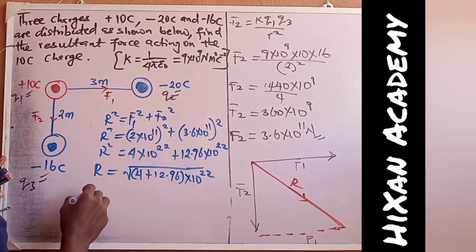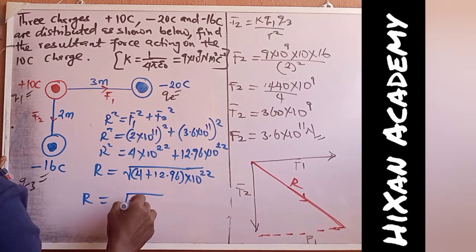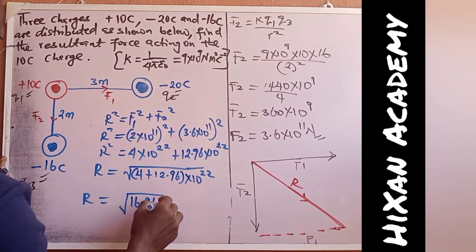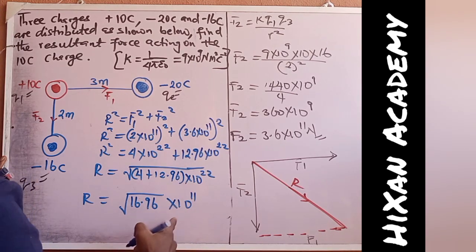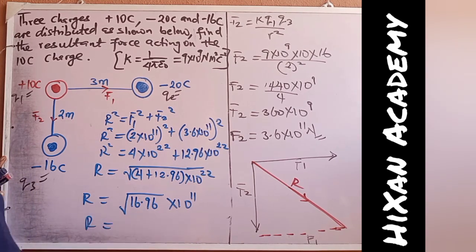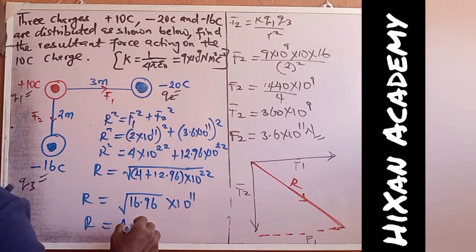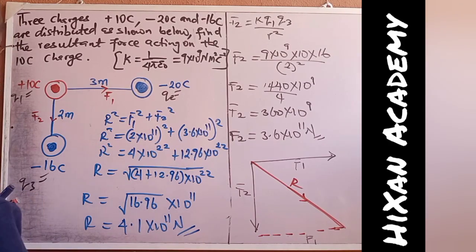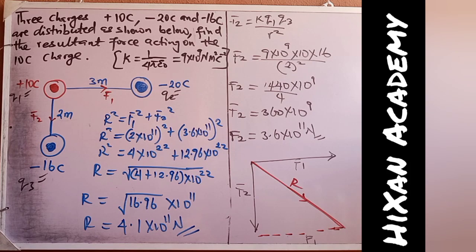So R will be square root of 4 plus 12.96, of course that will give us 16.96, then multiply by 10 raised to the power 11. When you take square root of this, it gives you 10 raised to the power 11. So R alone will give us 4.1. So the resultant is 4.1 multiplied by 10 raised to the power 11 Newton. So this is the resultant force acting on this charge, 10 coulombs.